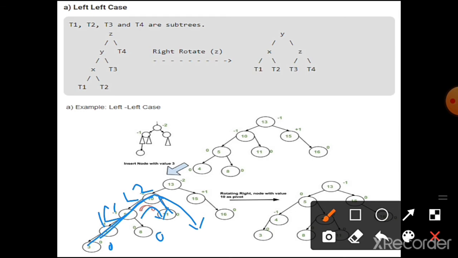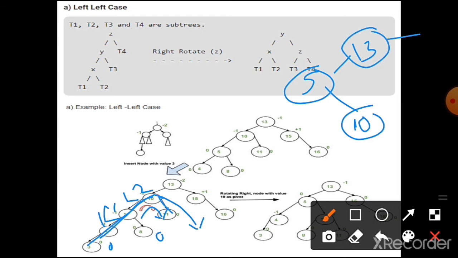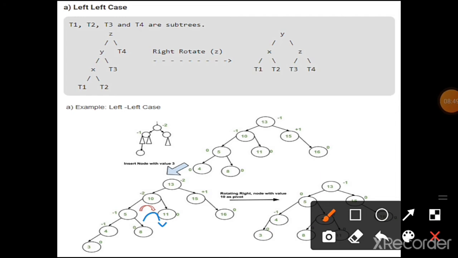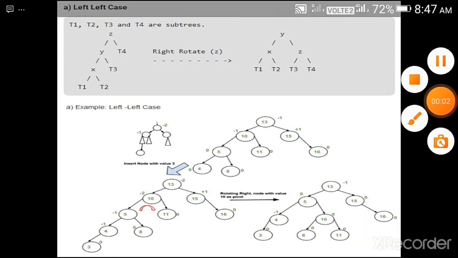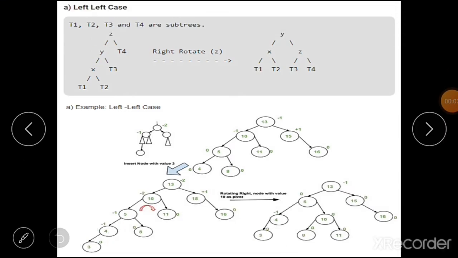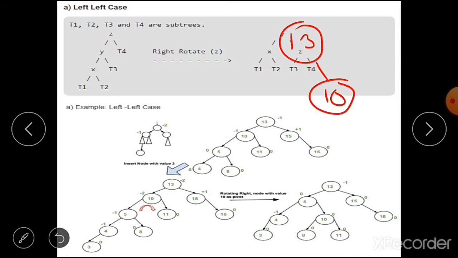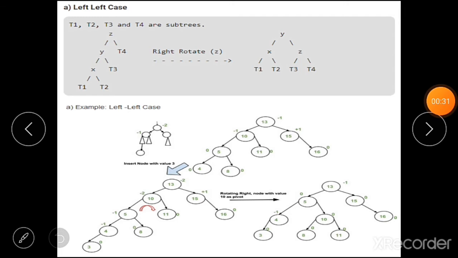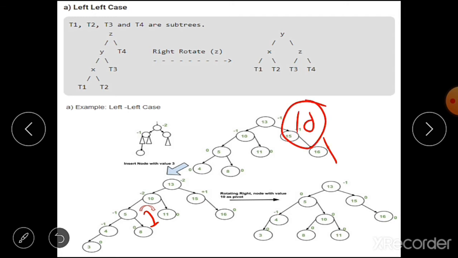So 10 is moved down, and 5 will now be the root, and the remaining are all the same, 13, 15, like that. 10 is moved to the right. Its right subtree will be 11.